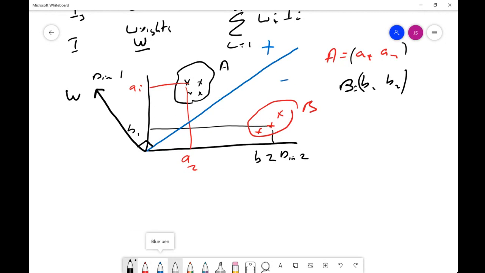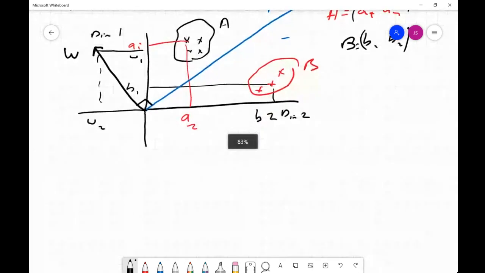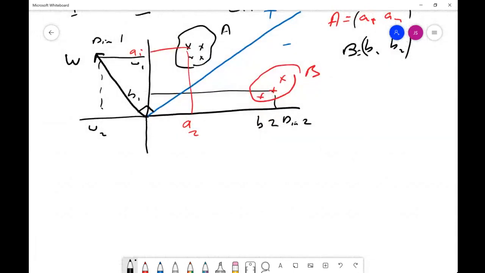And the weight vector would have some negative coefficients. So let's extend the axes. This would be W1, which would be positive, and this would be W2, which is negative. Right, so that's the behavior. Now the idea, we've seen a decision surface with the classifier. We're not doing it by distance anymore.